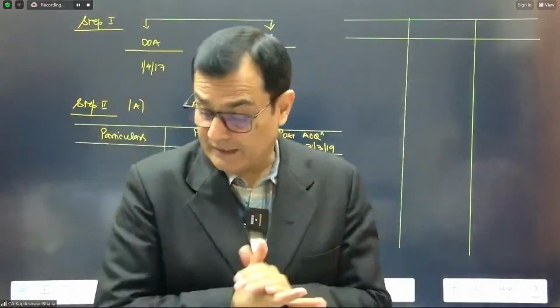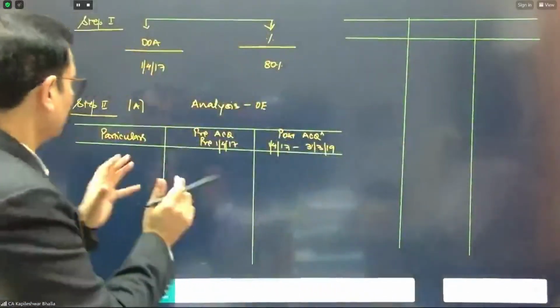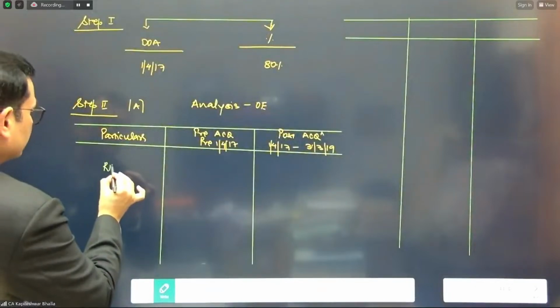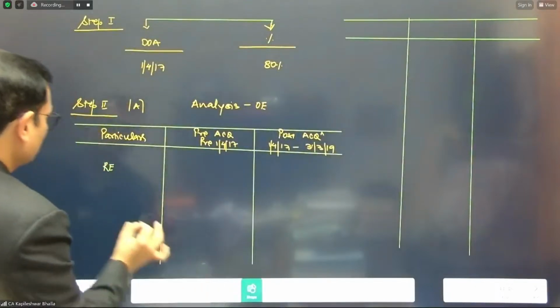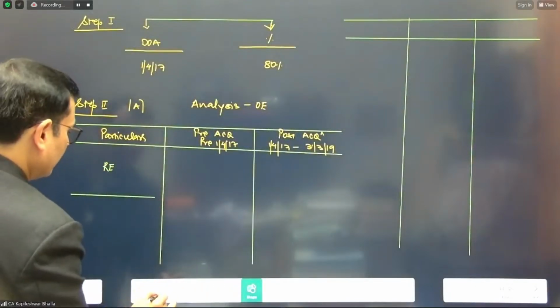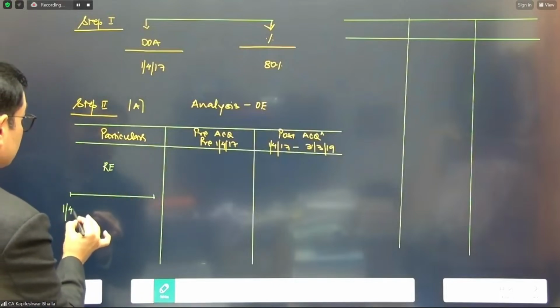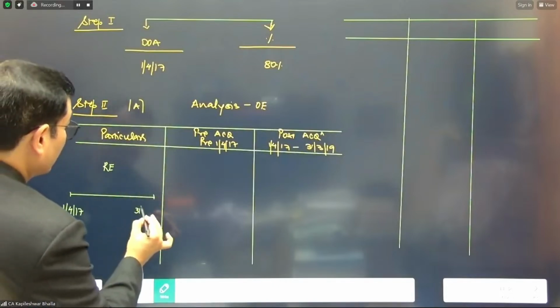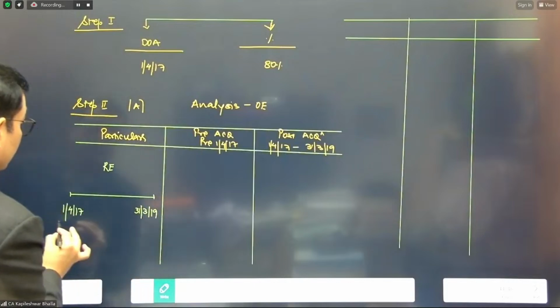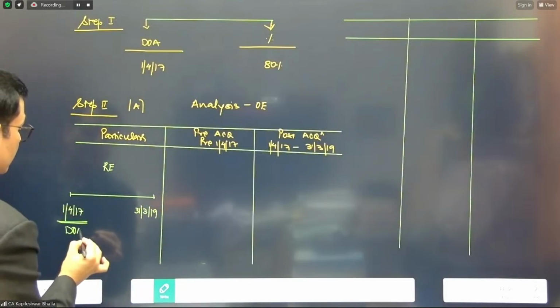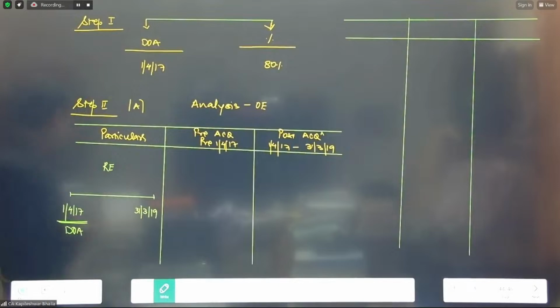In this case, I'm not given anything apart from the retained earnings. So let's pick up the retained earnings. Remember first to create a time scale and get the analysis. So this is going to be 1st April 17 and this is March 19. And the beginning of the year itself is the date of acquisition also.